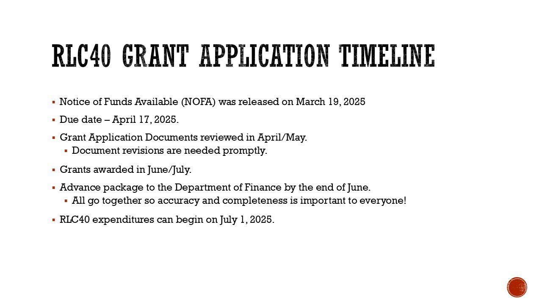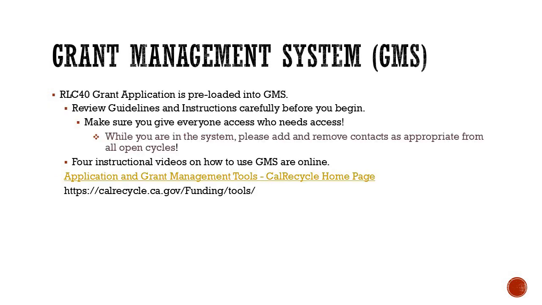Okay, so the grant management system is where you're submitting your application just as usual. Please review the guidelines and instructions carefully before you begin your application. Make sure you give everyone access who needs access. This year, all of your previous contacts from RLC39 have been imported into RLC40, and they have all been granted access to the RLC40 grant application.